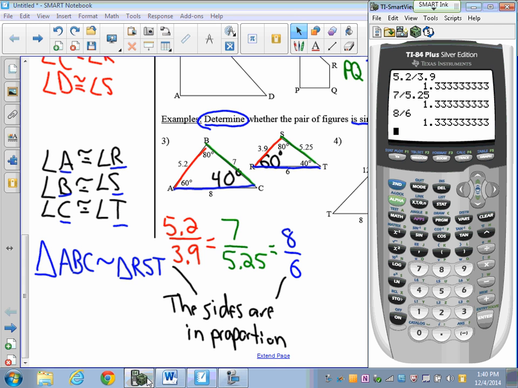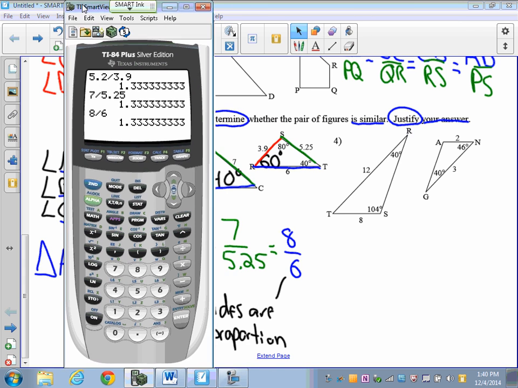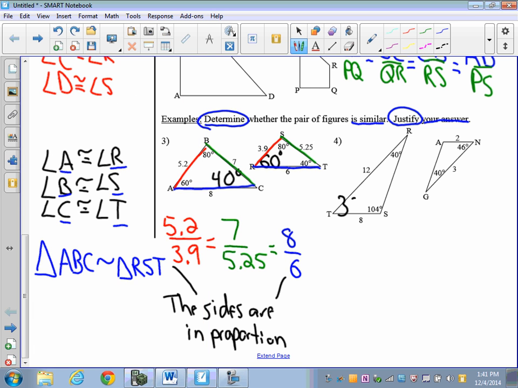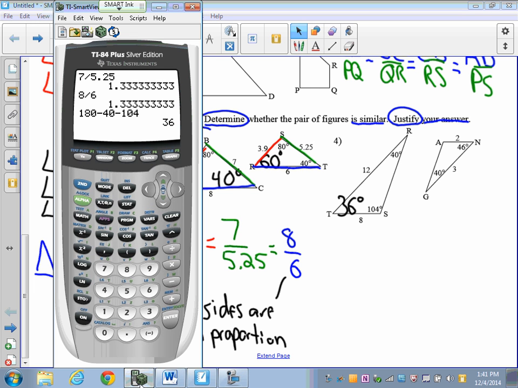The next example is actually easier because we will determine that the triangles aren't similar. We take 180 minus our two angles, 40 and 104, and we get 36 degrees. And we're going to do the same thing with the other triangle to figure out what its missing angle is. So 46 minus 40, and we get 94.